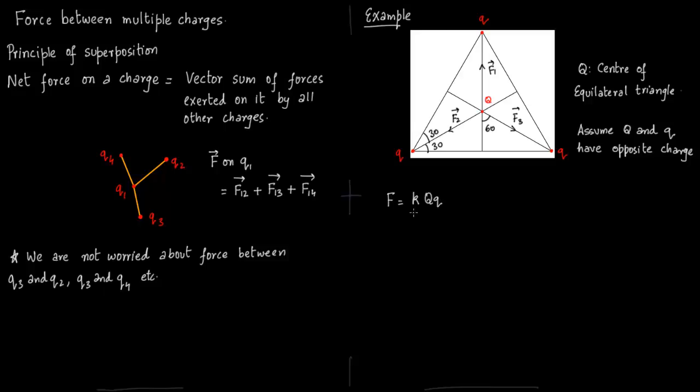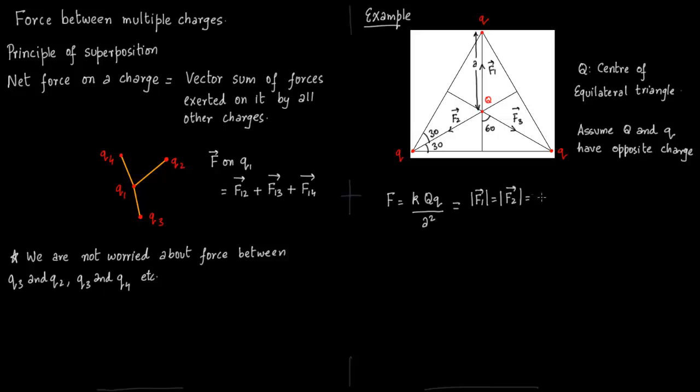The formula for force is k times capital Q times small q divided by a squared, where a is some distance. Yeah, so we are talking about the magnitude of the force, so I am not worried about the sign of capital Q or small q.